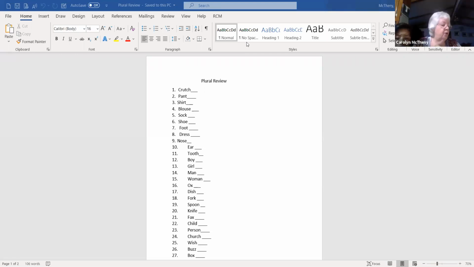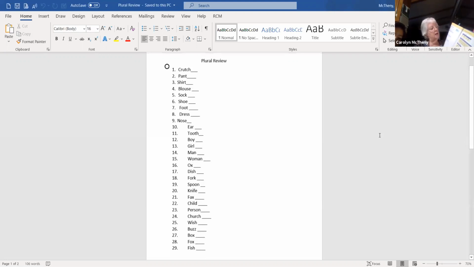Okay, now if you want to turn in your lesson book to page 273 to remind yourself of the rules for forming plurals, you will remember we went over the top of that page about how to make plurals of certain words.